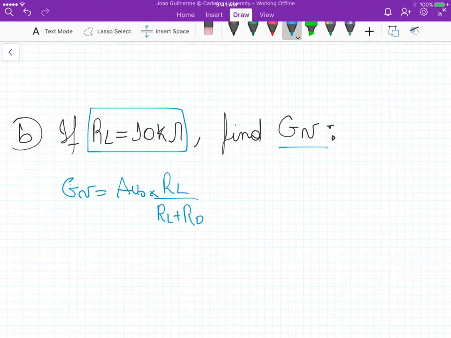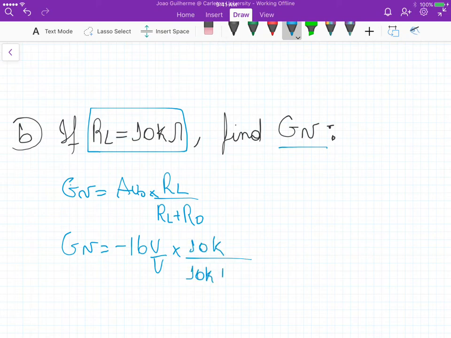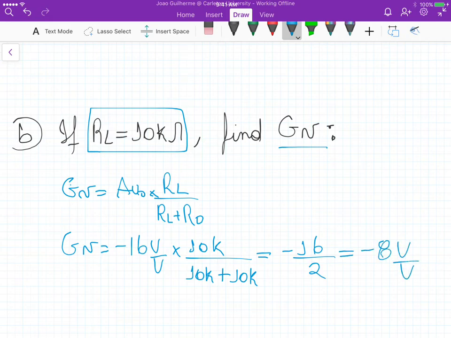In our case, that's minus 16 volt per volt times the load resistance 10k divided by the load resistance plus the output resistance, which was RD, also 10k. So this gives us minus 16 divided by 2, which is minus 8 volt per volt.